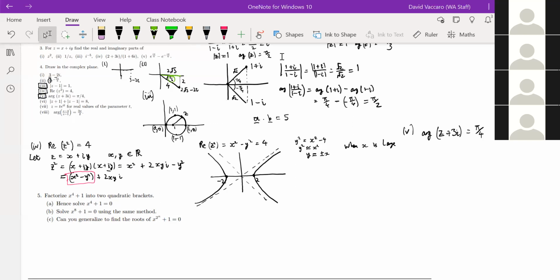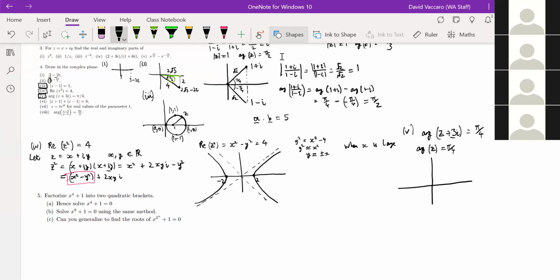A half line, excellent. If we just ignore the plus 3i for the moment, if we've got argument of z is equal to pi over 4, then we're just back in the polar coordinate world, and we're somewhere on this half line.